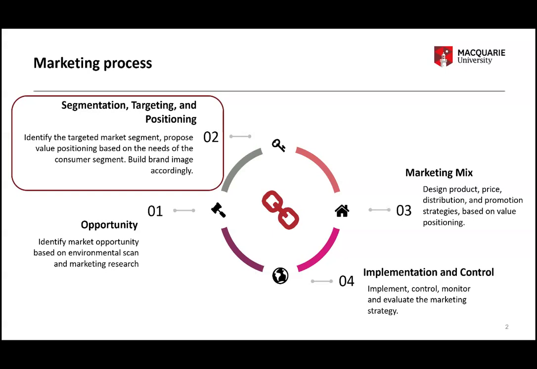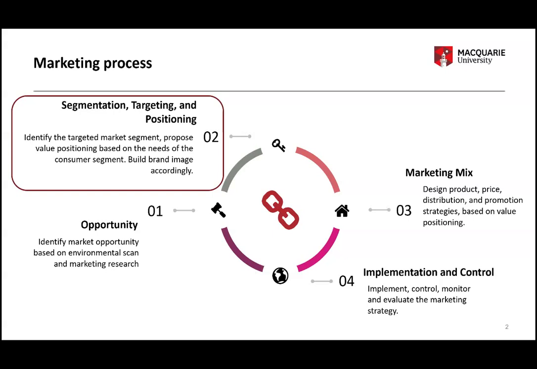So that is the central focus of this week's lecture and next week's lecture, where we'll look at positioning. Having defined how a market can be segmented, having looked at which segments we plan to target, and what our core promise or positioning for our brand is going to be, we then start to think about deployment of the marketing mix in order to create that bundle of benefits that reinforces that customer value proposition.